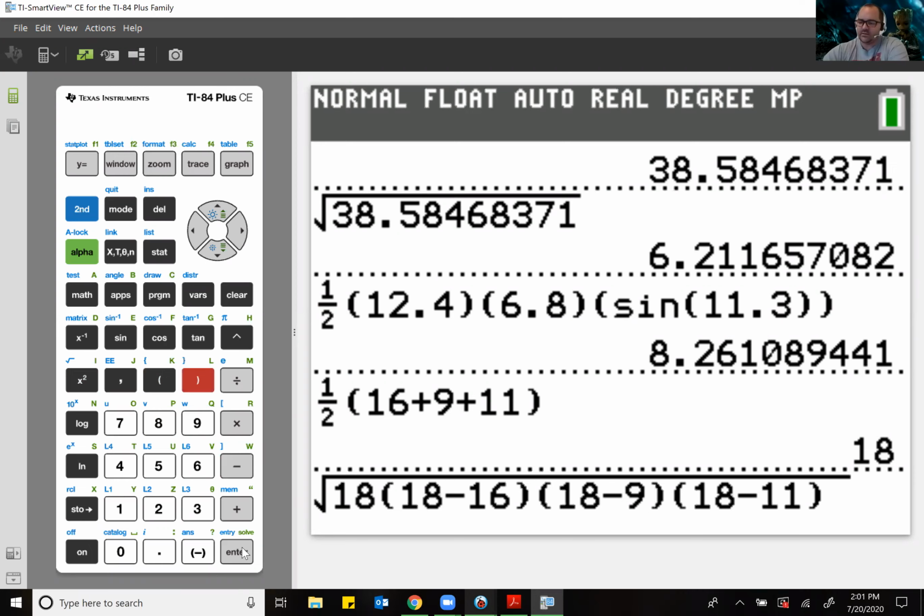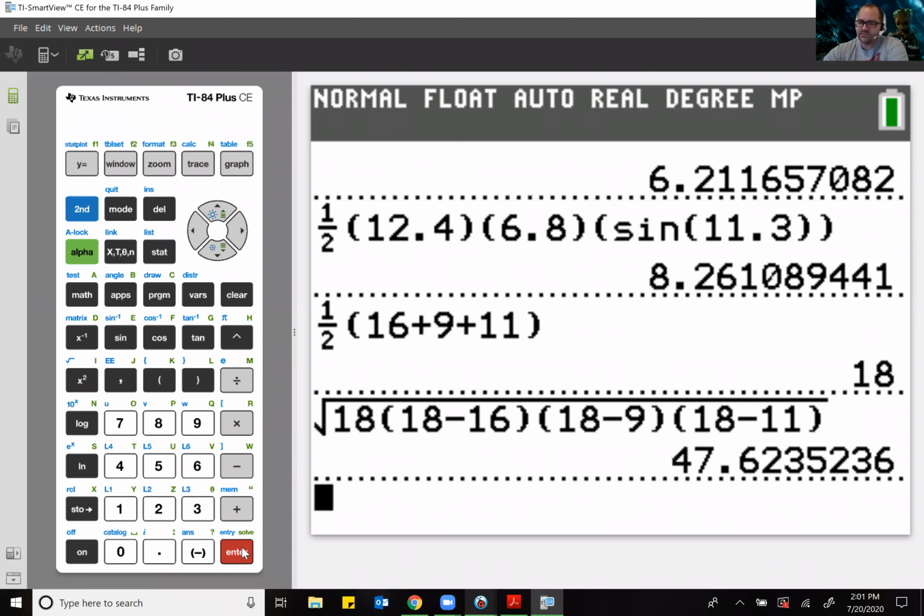And we get 47.6235236, which is 47.6 meters squared. And there we go.